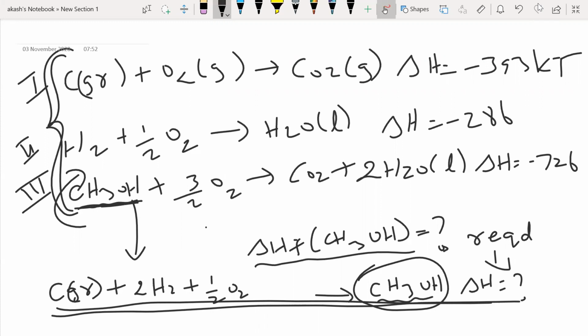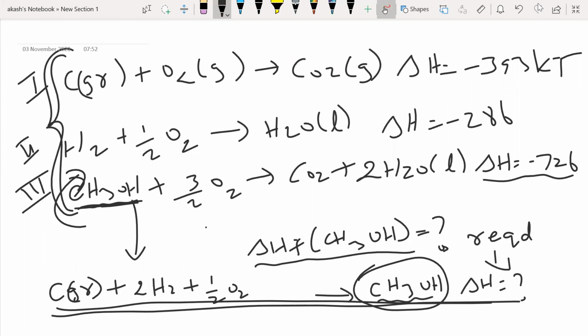So I will reverse it, and then CH3OH comes to the product side. Whenever you reverse the equation, the enthalpy sign also should be reversed. So instead of minus 726, it will become plus 726. Is it understood?